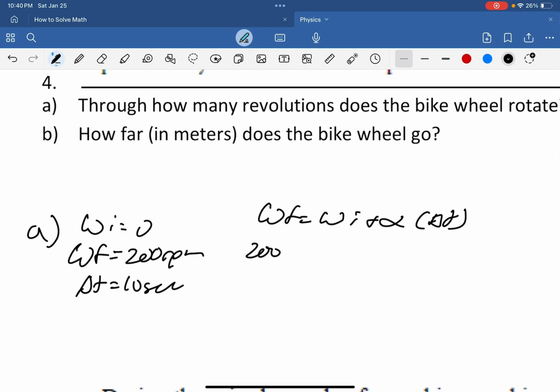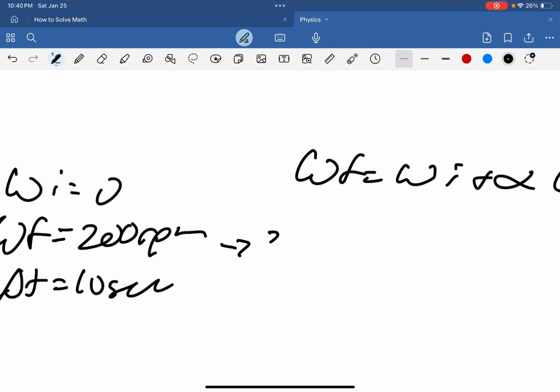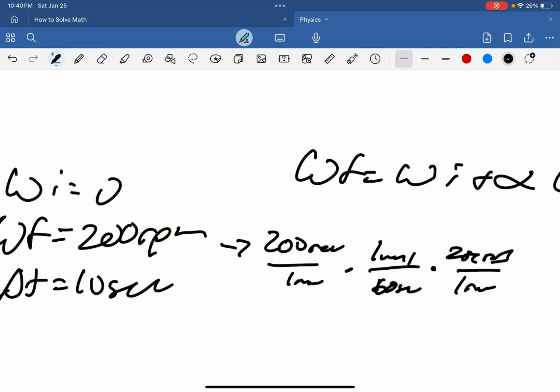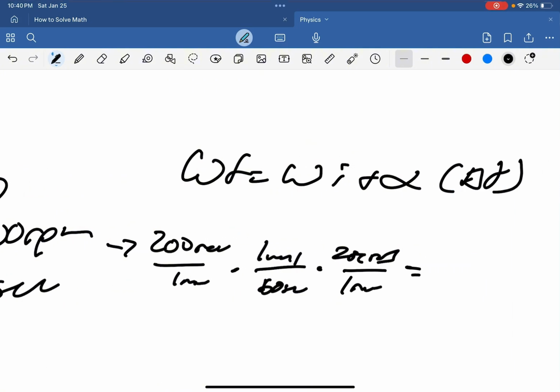So I'm actually going to first convert this to radians per second. So this is 200 rev per 1 minute, divided by 60 seconds, multiplied by 2 pi rad for 1 rev, which is going to be 400 pi divided by 60, 20.944 radians per second.